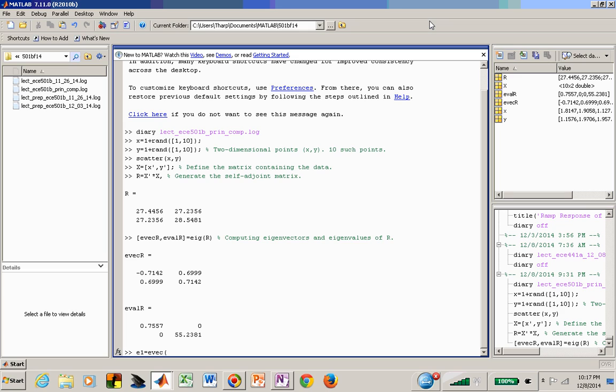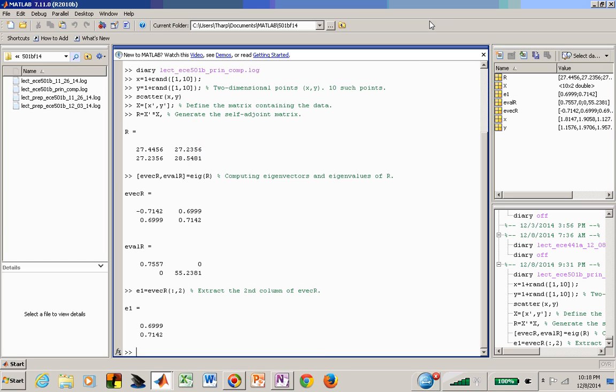We now want evec R's second column, so we take both rows, but we keep the second column, which is the eigenvector associated with the largest eigenvalue. And that's what we wanted to do.